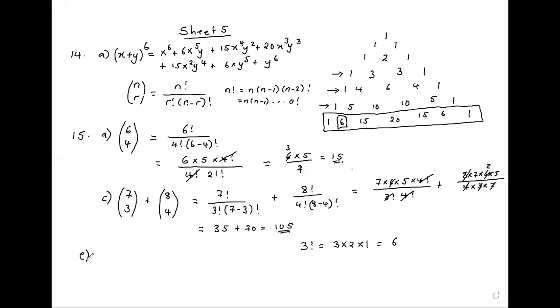So E, when is it F? 5 factorial over 3 factorial plus 7 factorial over 5 factorial, which is not a big deal because 5 can be written in this way.